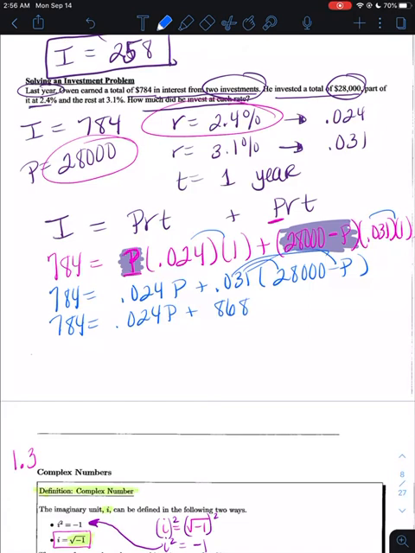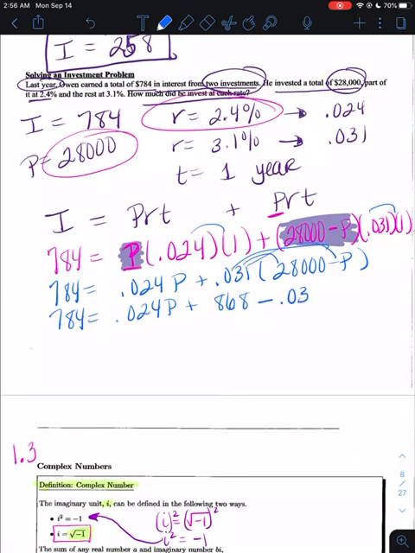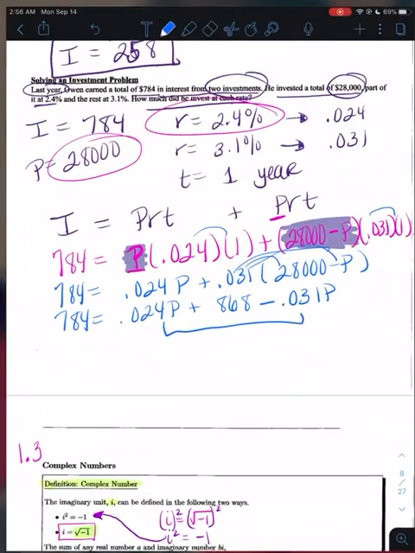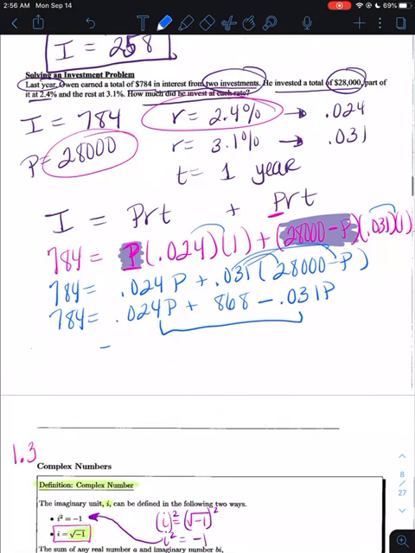And then when I multiply 0.031 times negative p, I get negative 0.031p. Combine like terms: negative 0.031 plus 0.024 is negative 0.007. So negative 0.007p plus 868.